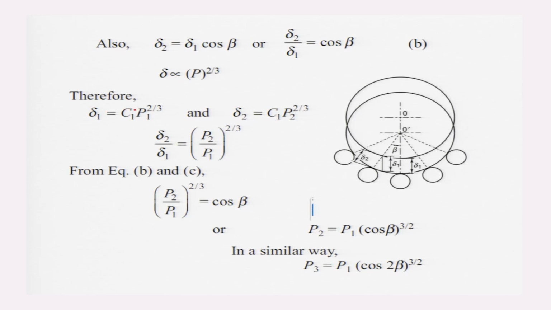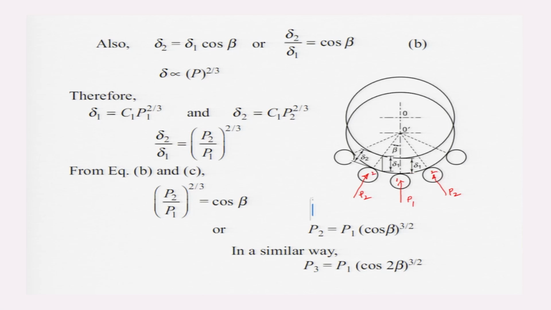So, delta 1 is C1 P1 to the power 2 by 3, where P1 is the force which is acting at the first ball. This is P1 and this is the first ball, and here P2 and P2 are acting on the second ball.